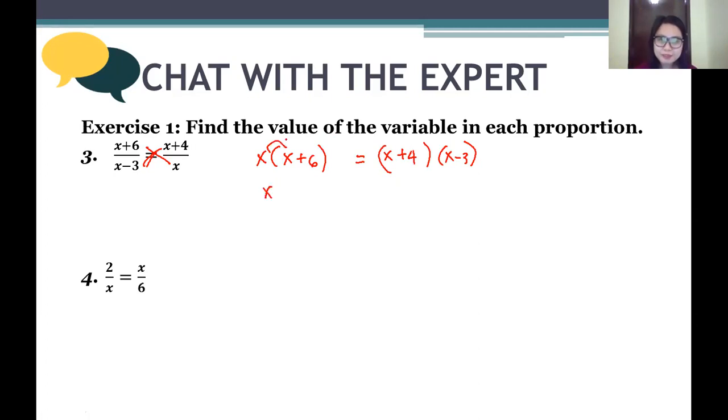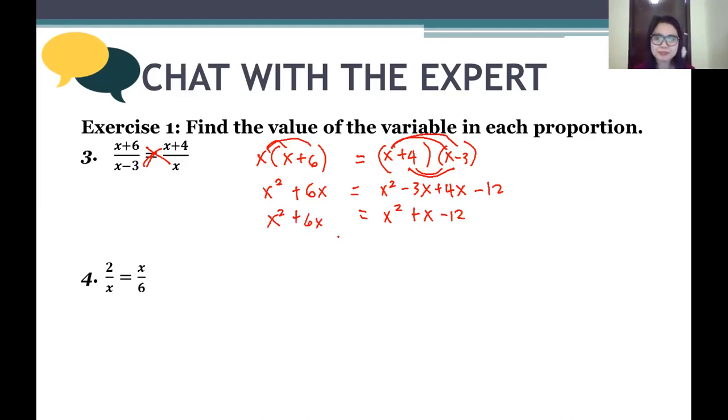X squared plus 6x. The other side: x squared minus 3x plus 4x minus 12. So we have x squared plus x minus 12. The left, x squared plus 6x. Let us now place all the x on the other side.